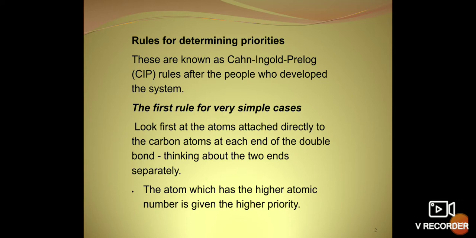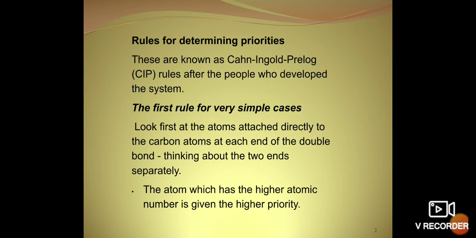So, rules for determining priorities: how do we assign priorities when giving the E/Z nomenclature? These are known as the Cahn-Ingold-Prelog rules, after the people who developed the system. We call them CIP rules.